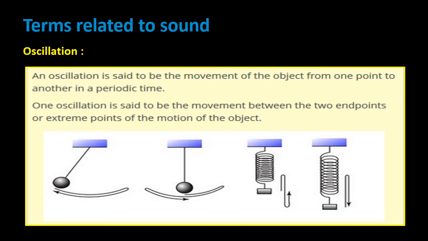An oscillation is the movement of an object from one point to another in a periodic time. One oscillation is the movement between the two endpoints or extreme points of the motion of the object.